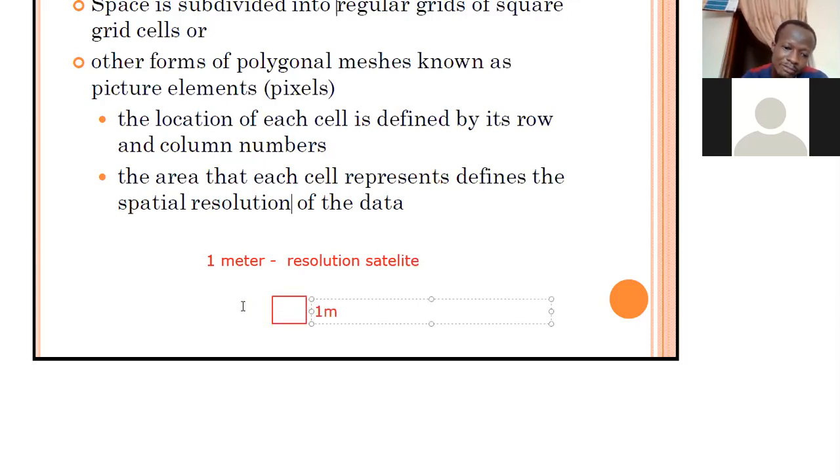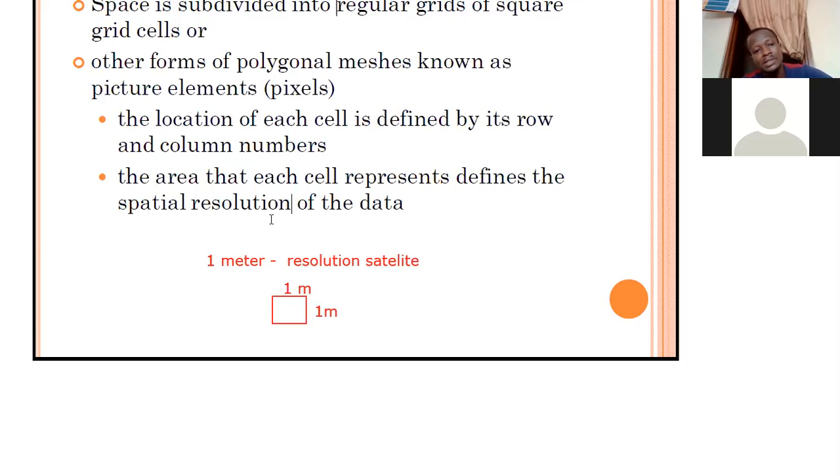So every object that falls anywhere here is going to be generalized. If we find water around this square, we are going to generalize and call the square water. So there's some inaccuracy with the representation using satellites, the raster data model.